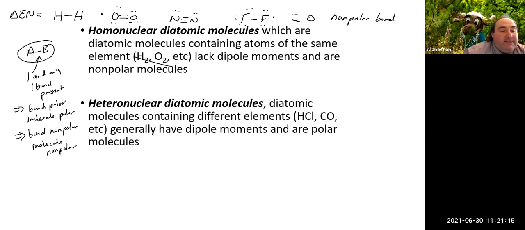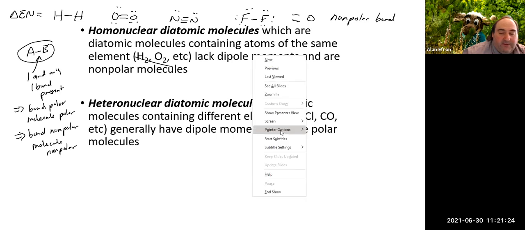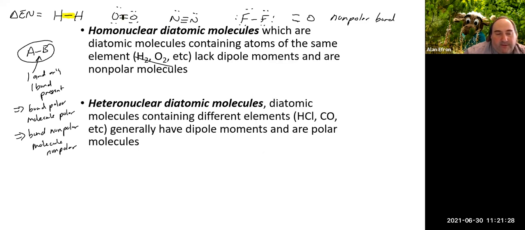And because that is the only bond present in each of these molecules, in this entire molecule there is just this one bond, which is nonpolar, and this bond that's nonpolar, and this one that's nonpolar.